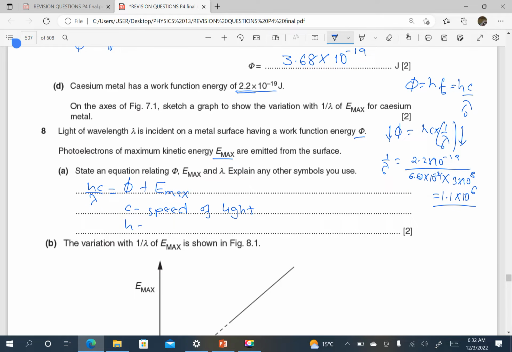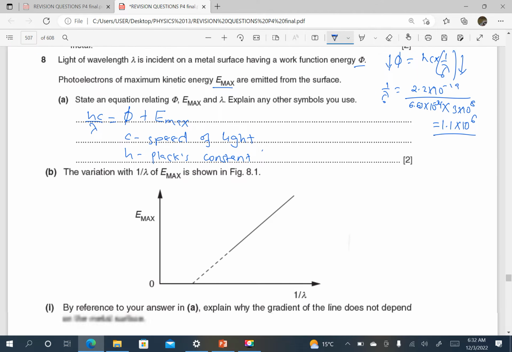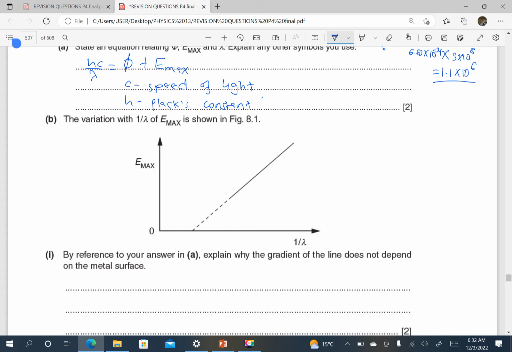And we have used the h, which is Planck constant. Okay, so that is Einstein's equation of photoelectric emission. The variation with 1 over lambda of Emax is shown here. So this must be 1 over lambda naught.